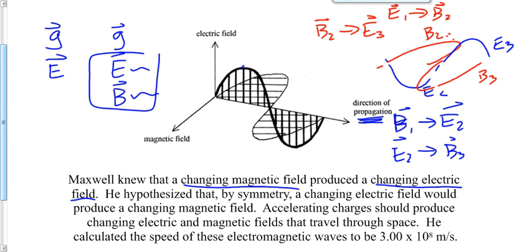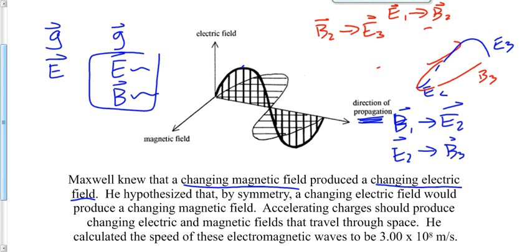Well, then the wave that E2 produced, B3, is now gone, and B2 that produced E3 is now gone. This is the way the wave moves, right? An accelerating charged particle produces an electric field like this and a magnetic field like this, but then this produces this, and this produces this, and so on.